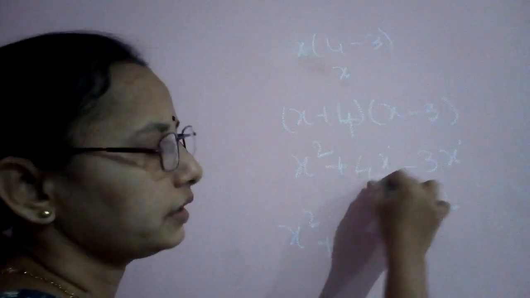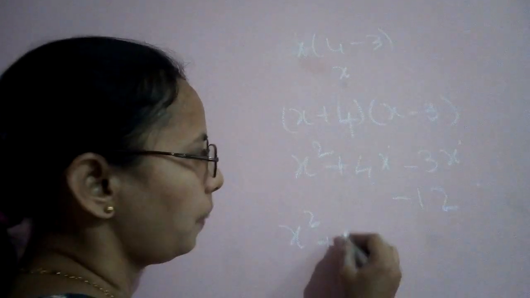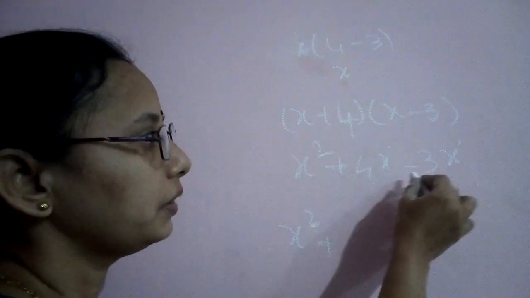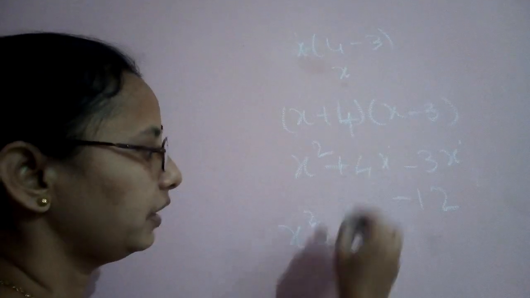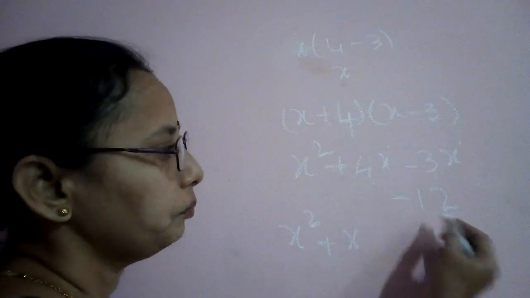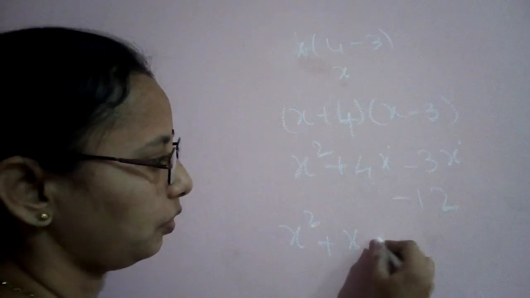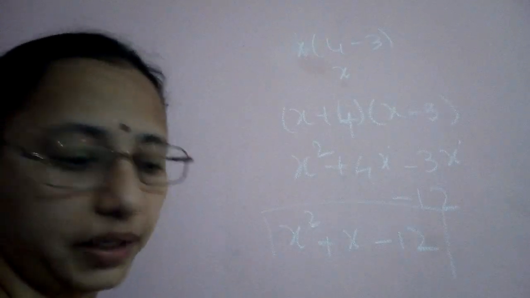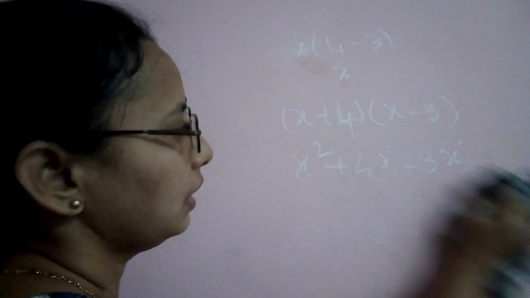Let's simplify 4x minus 3x, it's x. Since 4 is the bigger number and 3 is the smaller number, we get plus x. And minus 12, we don't have any other constants, so the answer is x square plus x minus 12. This is another way to simplify.